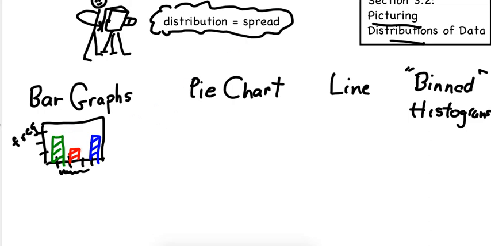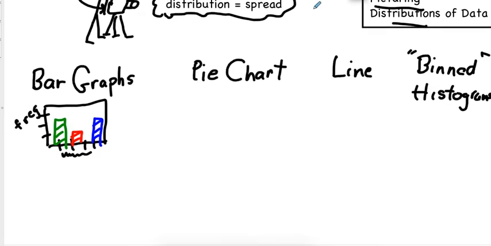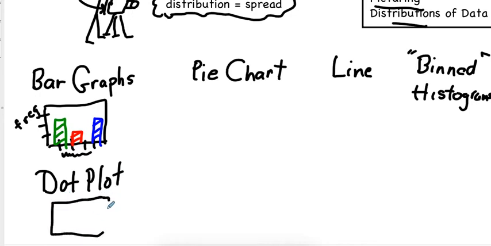Now, a close relative to the bar graph is what we call a dot plot. So this is a subcategory. And with dot plots, we just are a little bit more straightforward. We still have the graph. We still have the titles and the frequency. We still have the increments.